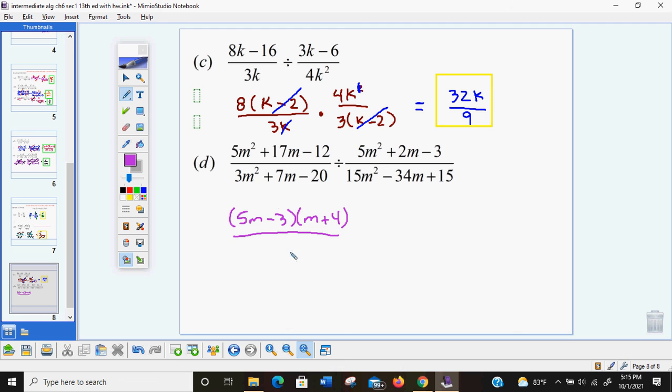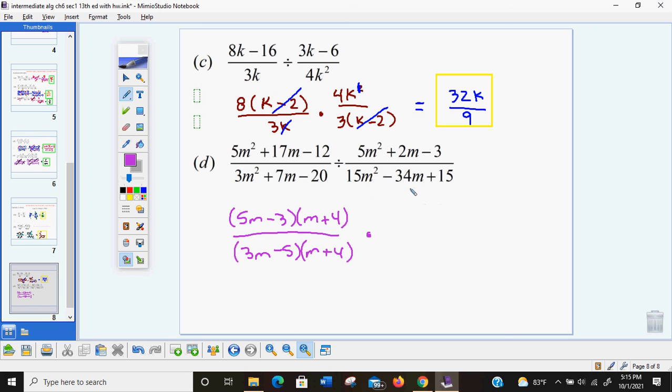Yes, that's correct. Okay, so on the bottom, that's going to factor into 3m minus 5 times m plus 4. Let me double check that one. Gives me 12 minus 5, which is 7. So that did work.